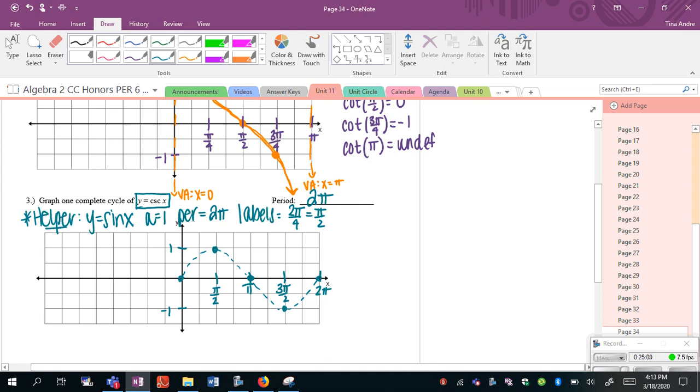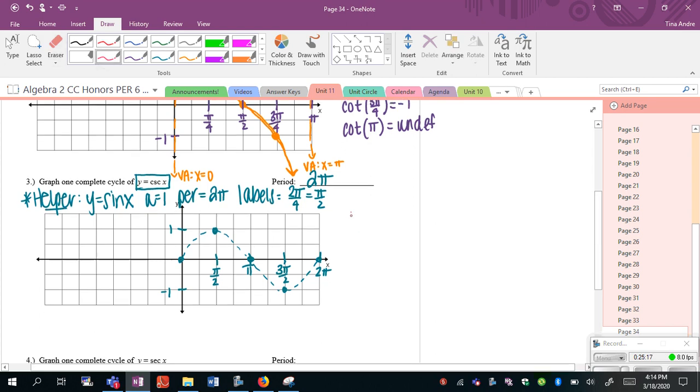So now in order to graph cosecant, what we're going to do is graph all the reciprocals of these y values. So the x values will stay the same, but the y values, you're going to graph the reciprocal of each y value.